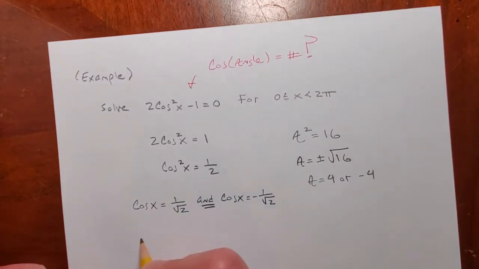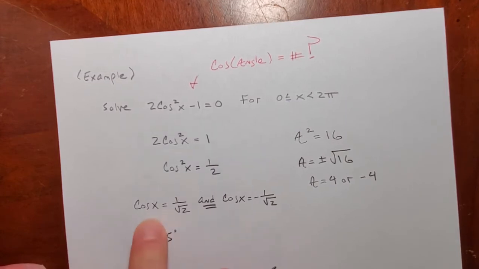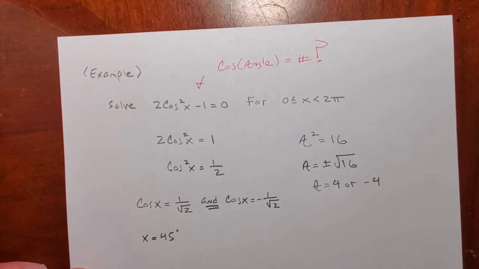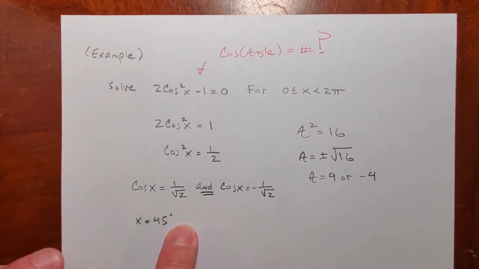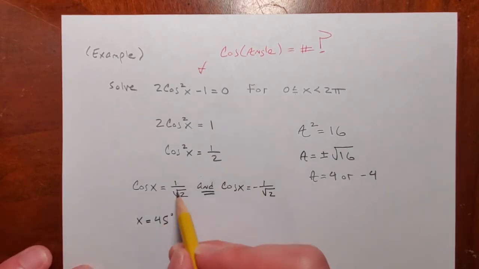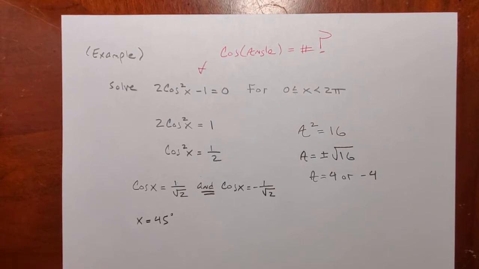So it gives me this initial angle of 45 degrees. And it is true. Cosine of 45 is 1 over root 2. There's another one that works by the same thinking that I showed you in that first question. Okay? Imagine if you put a 45-degree triangle over in some other quadrant where cosine was still positive. All right, that's what the other answer is going to be.